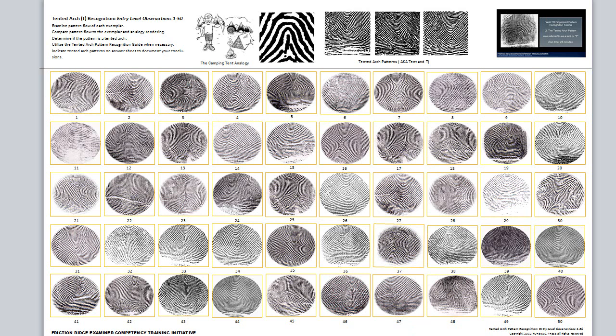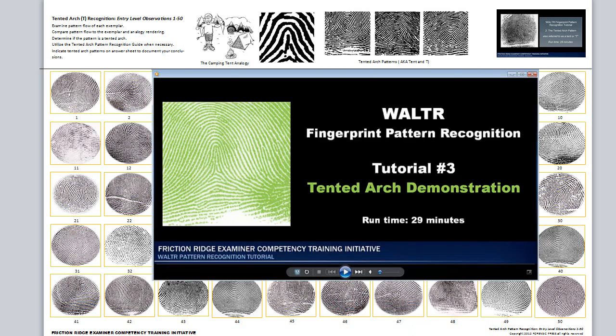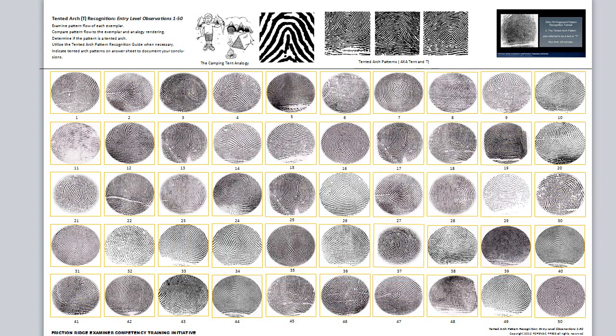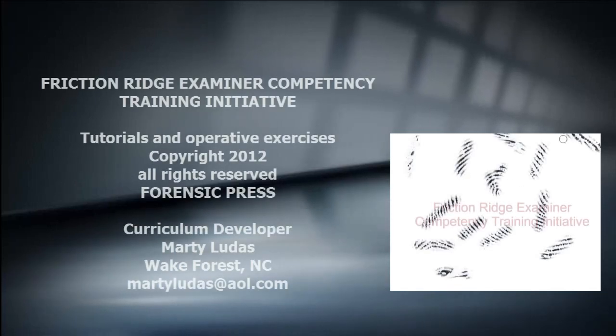After you're completed with that, you will review a video and see which of the patterns are tented arches and plain arches. As in the other exercise, just designate the tented arch with a T, and then you'll be able to watch your video for the answers.